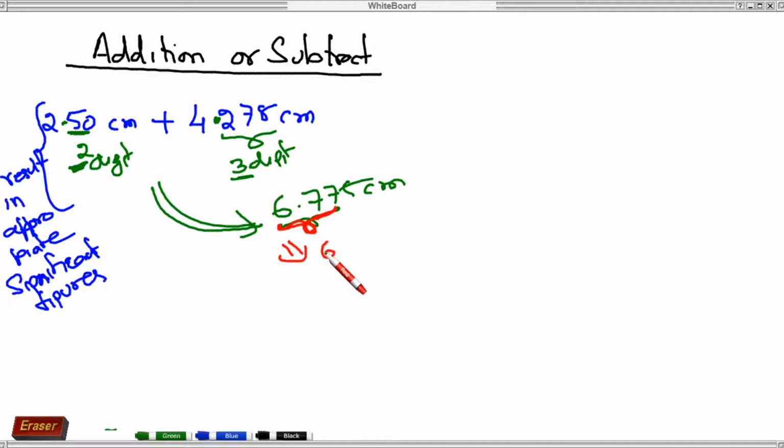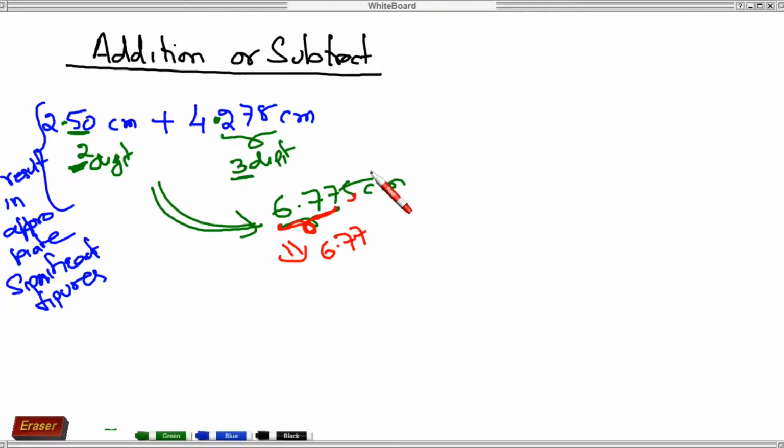So it will become 6.7, meaning we will round this value up to two digits after decimal. So what will it be? Earlier we discussed the rule.